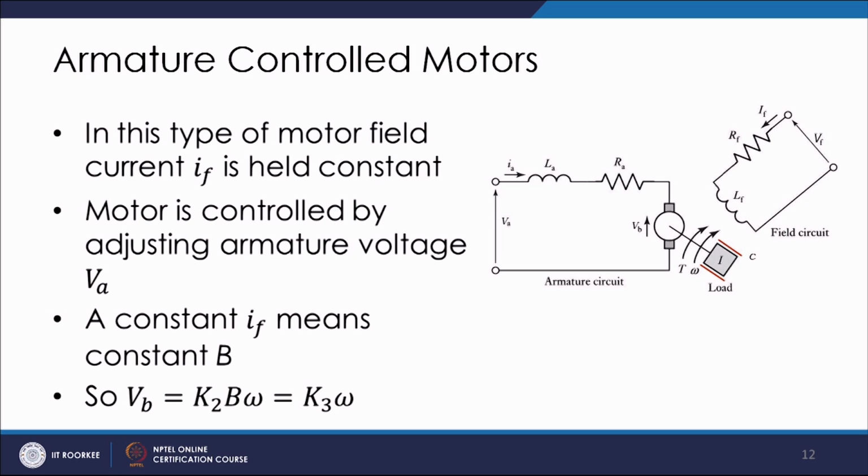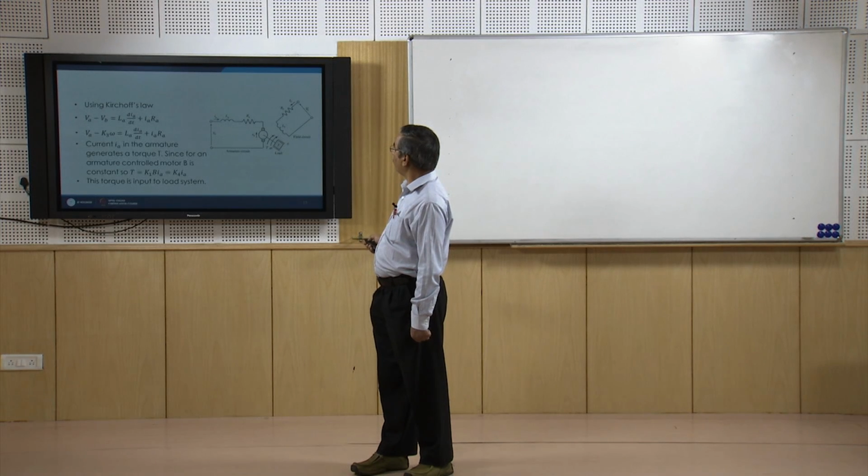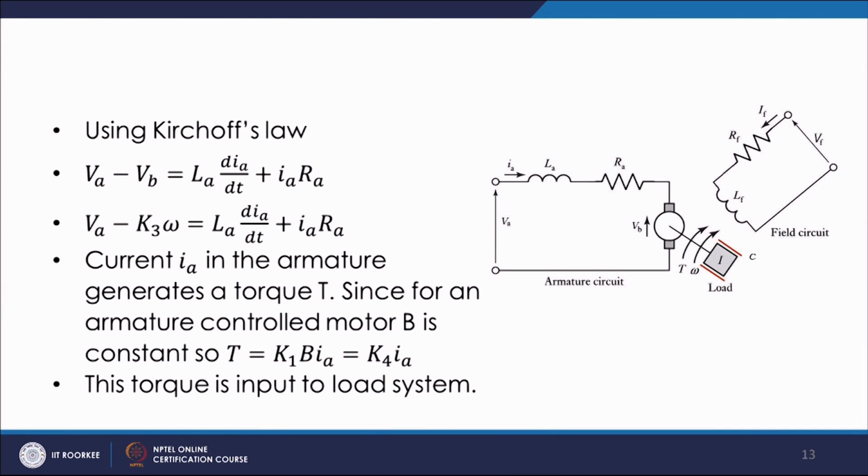Now, using Kirchhoff's law for the armature circuit, I can write VA minus VB is equal to LA dIA by dt plus IA RA, okay. So, VB is the back EMF and VA is the voltage applied, alright. So, this will be the net voltage and this is going to be equal to LA dIA by dt plus IA RA, okay.